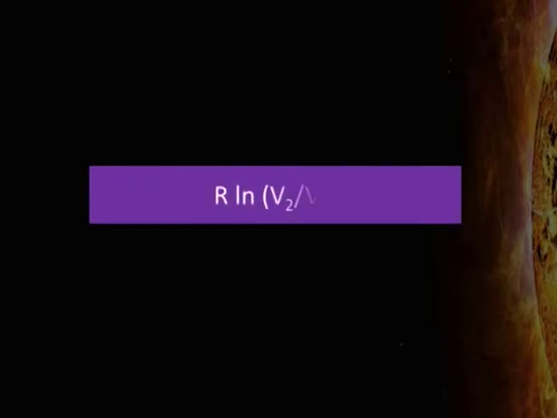Therefore, the entropy change of the system and the surroundings taken together will be equal to R natural log V2 divided by V1.